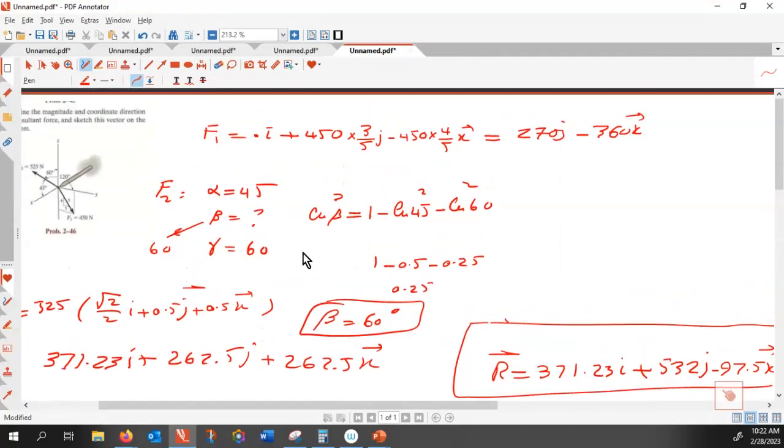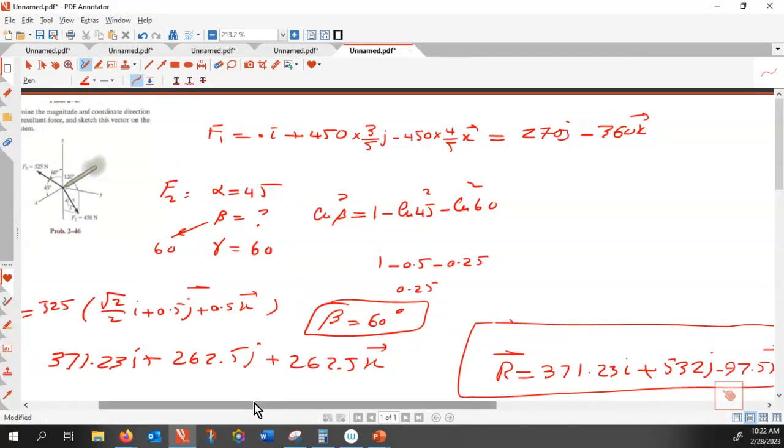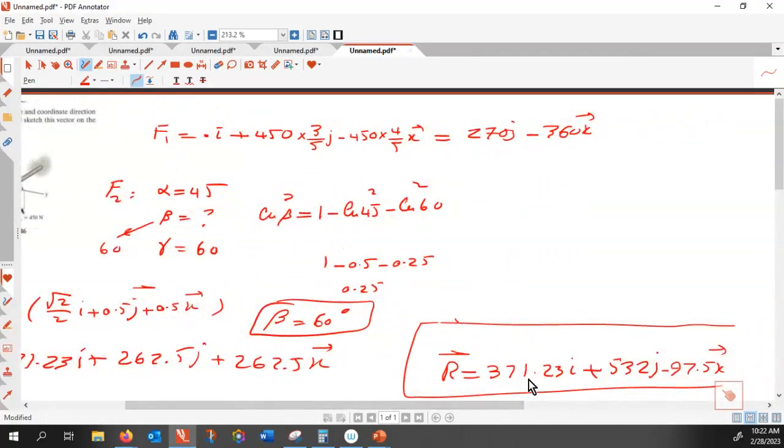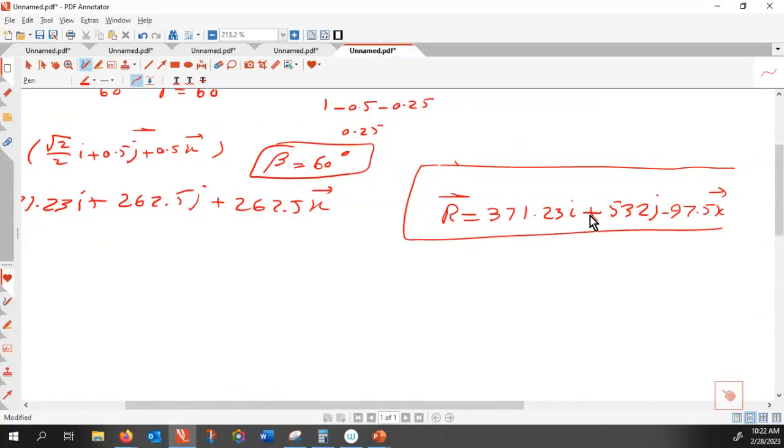And if you want to sketch it, we know that this has a positive x component, positive j component, but a negative k component. So that looks like something like this.